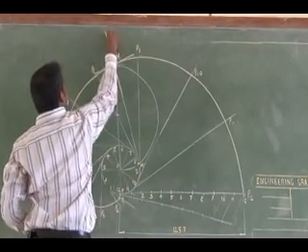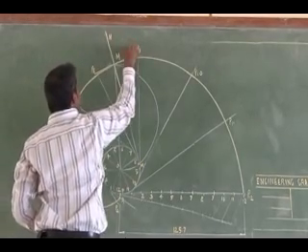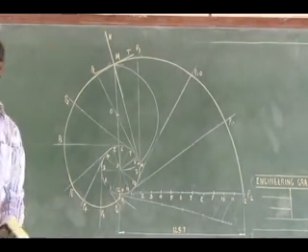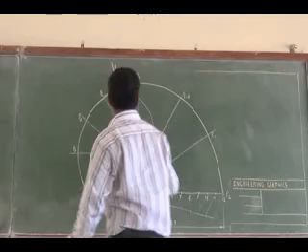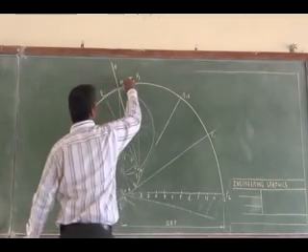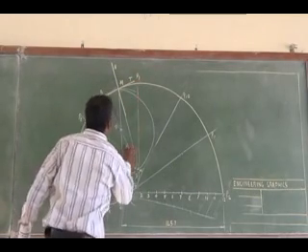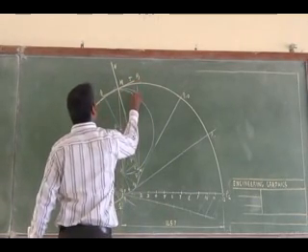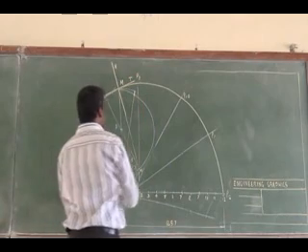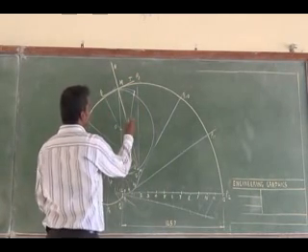This is my normal, this is my tangent. Then you have to dimension the given data. You see here I can dimension the 90 mm. This is my 90 mm.